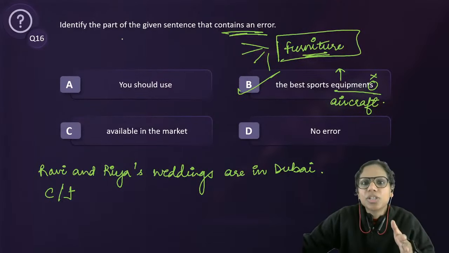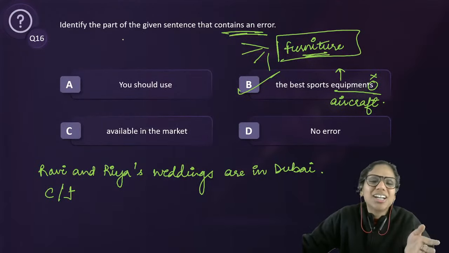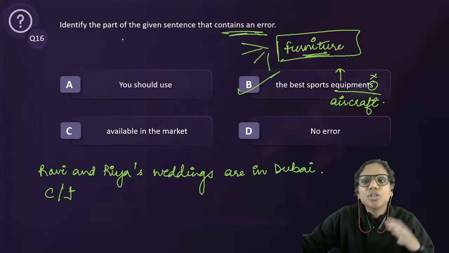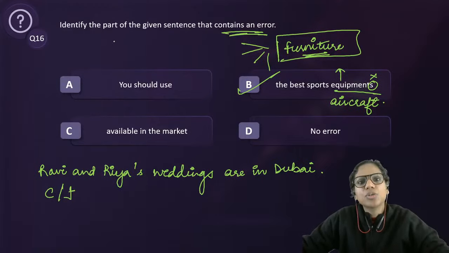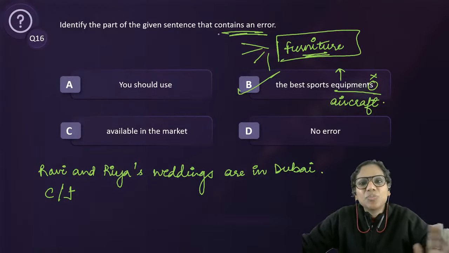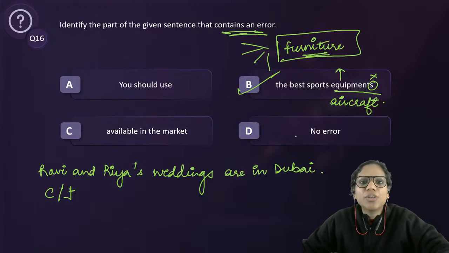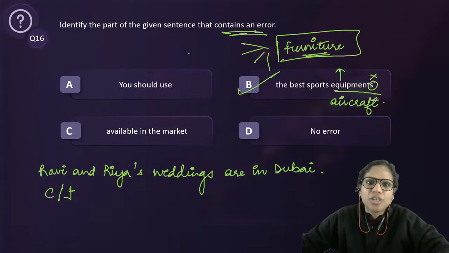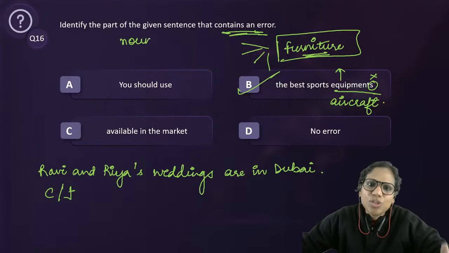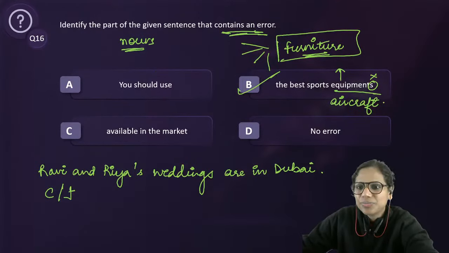So it was specifically questioning you on verbs, on nouns, and on countable and uncountable nouns. I haven't included those questions because you can always practice the previous year papers yourself. The idea is that if miscellaneous questions come, can you identify which part has an error, if I don't specify that the nouns in these parts are erroneous?